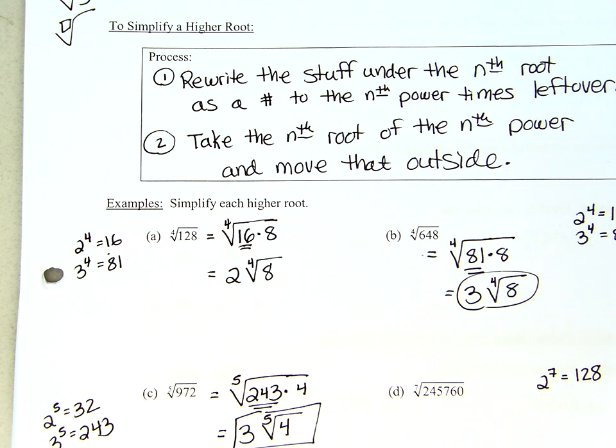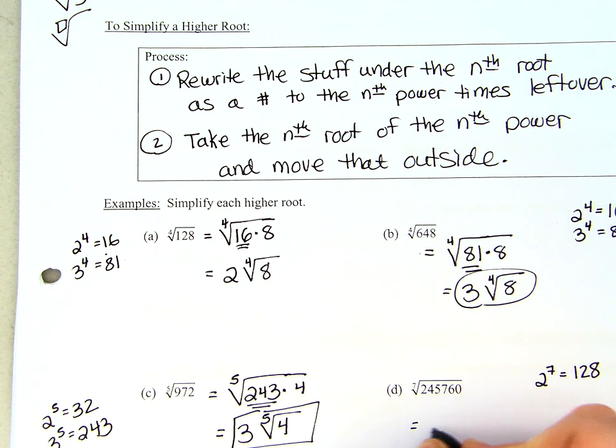I think 2 to the 7th, 128. I think. Hold on. So 128 times 1920. 7th root of 128 is 2 times the 7th root of 1920.